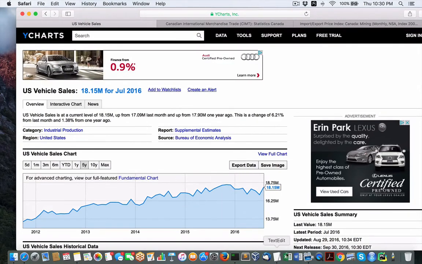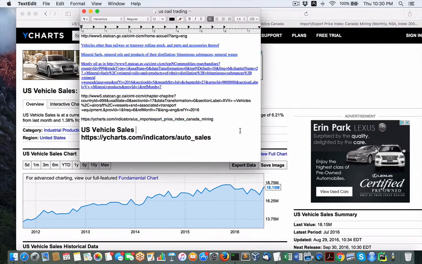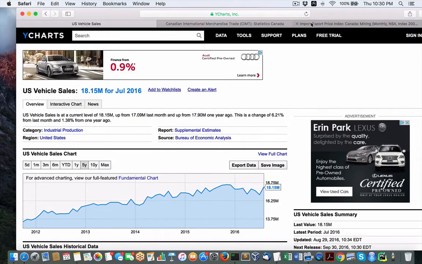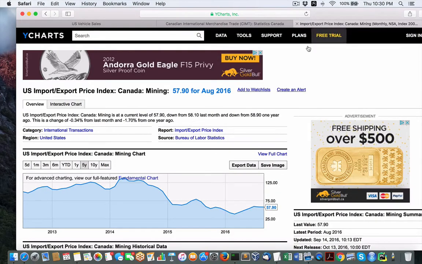Oh, sorry, that's the wrong chart. This is mining. Yeah, so this is Canadian mining chart. U.S. import-export, so the peak was in 14. Commodity, it's been dropping, and you can see here you can get monthly data.